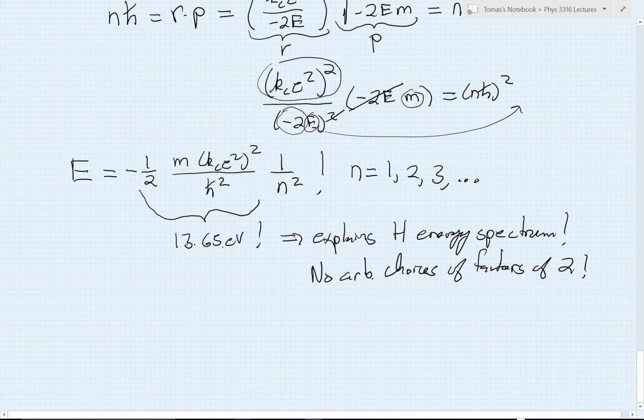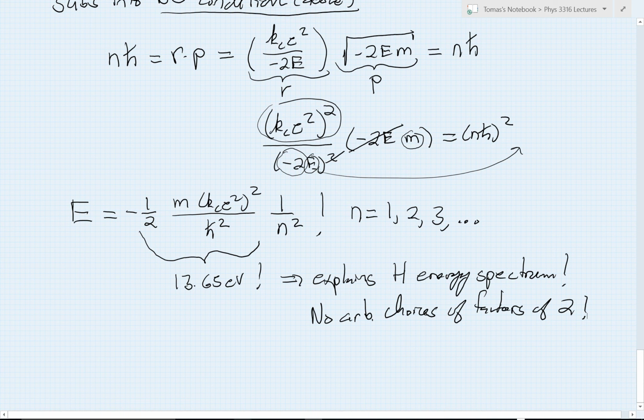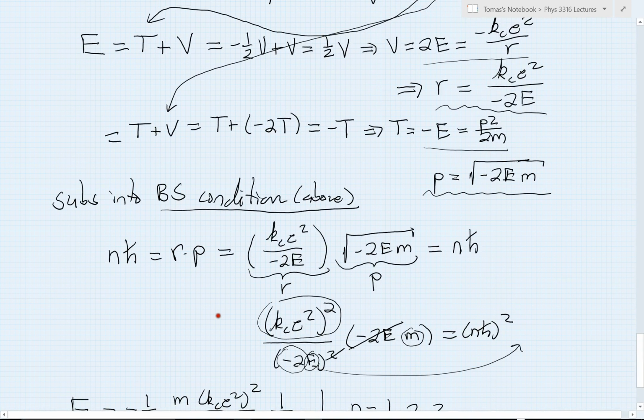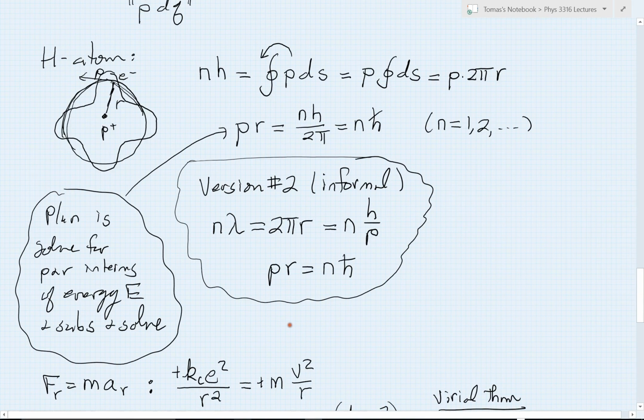That is really exciting. Now, just to tidy up a little bit, notice that this energy is a function of n, this integer number. So, of course, it's nice to label it with the subscript n so we can talk about the different energy values. The other interesting thing is that now that we know the energies of these orbits, the natural question becomes: what is the actual radius at which this electron would orbit?